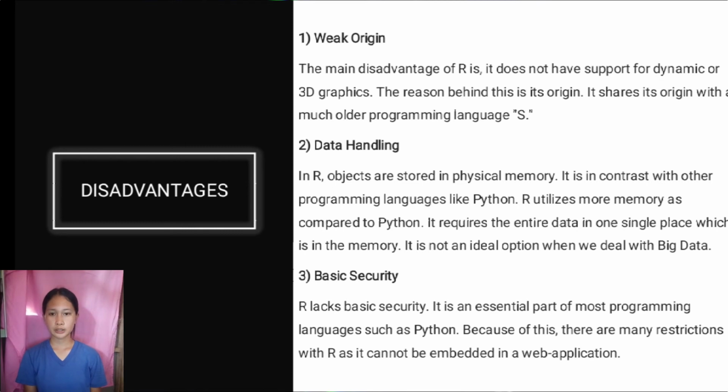The third one is basic security. R lacks basic security. This feature is an essential part of most programming languages like Python. Because of this, there are several restrictions with R, as it cannot be embedded into a web application.